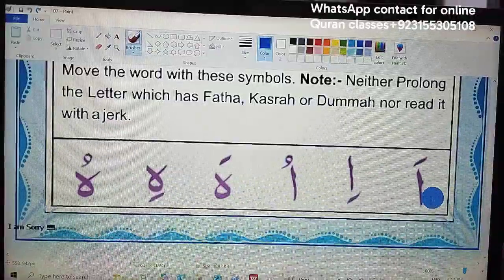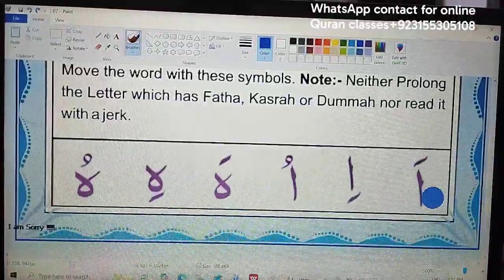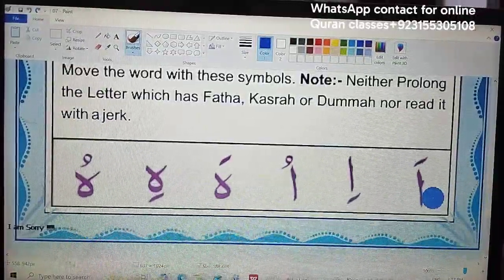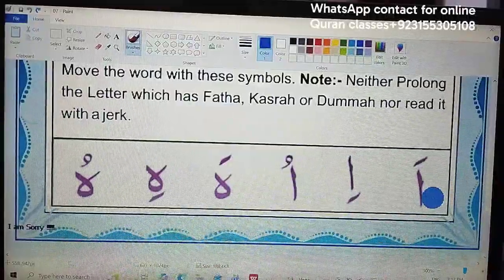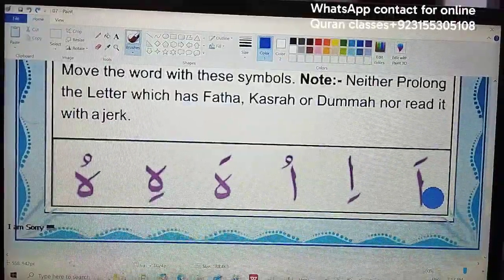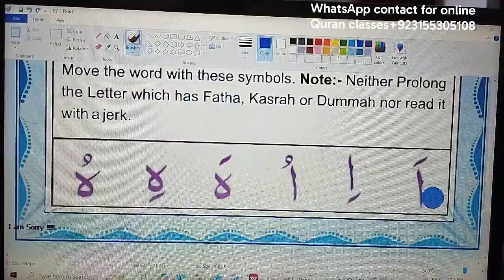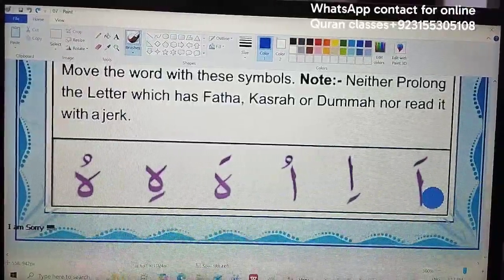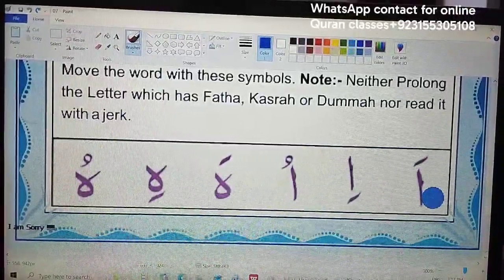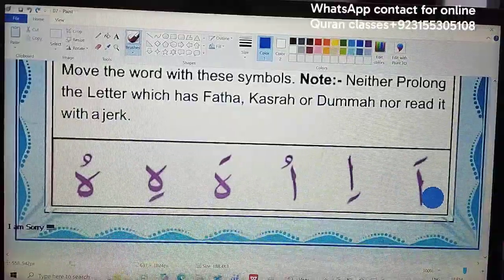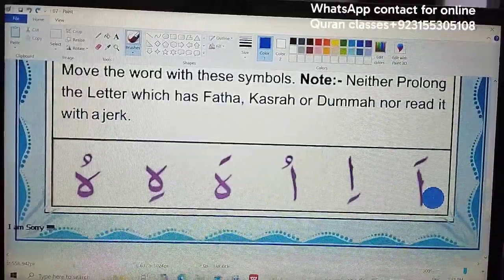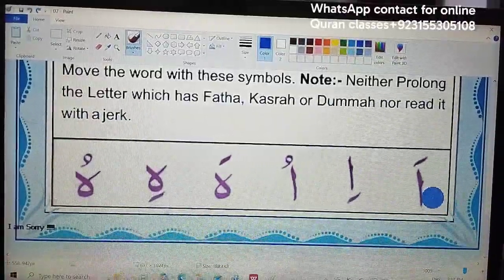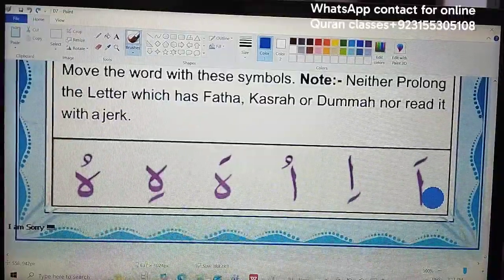We don't read alif with haraka, we read it hamza. If alif is empty without any haraka, we read it alif. If alif has any haraka, kasra, fatha, dhamma, we read it hamza.